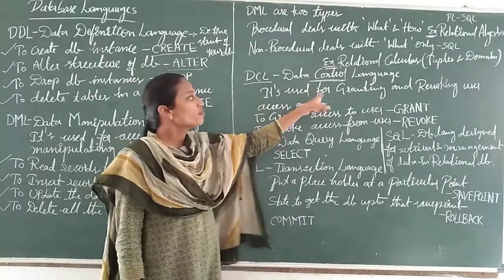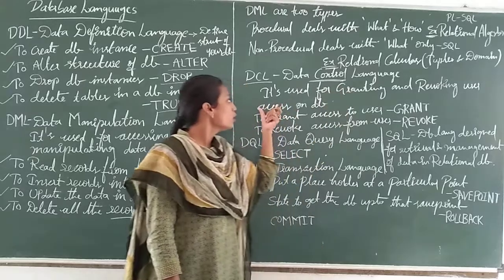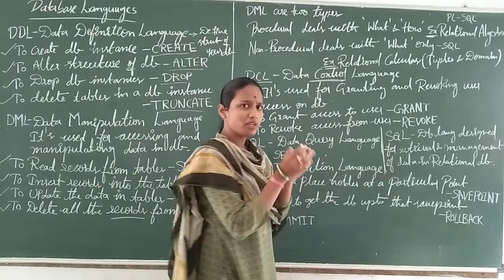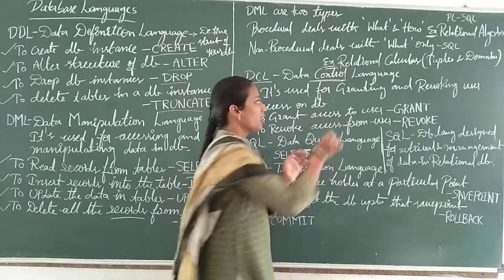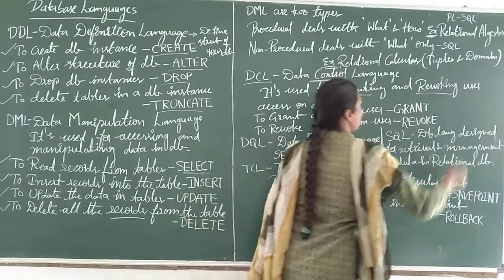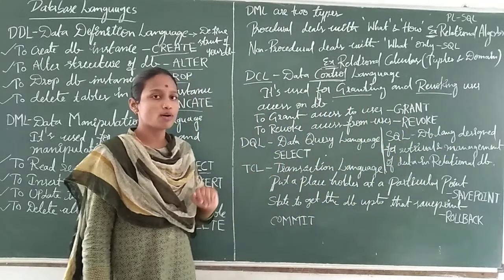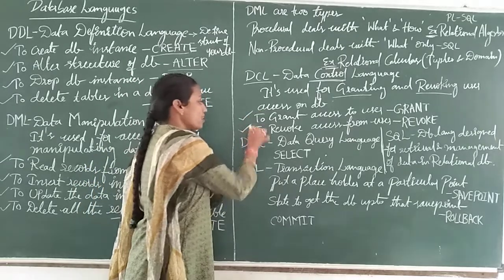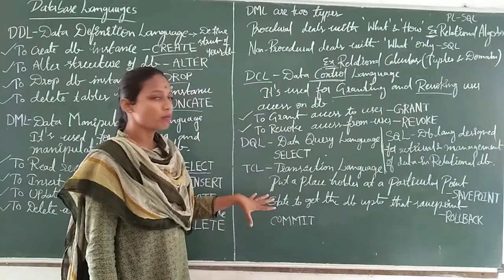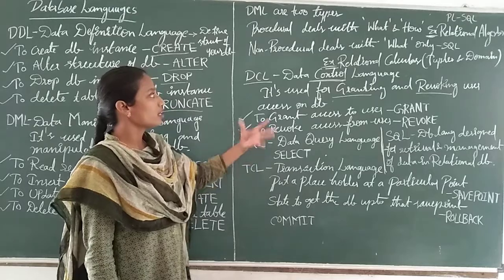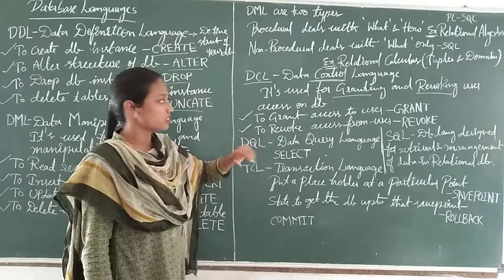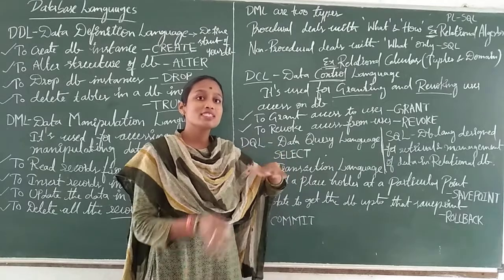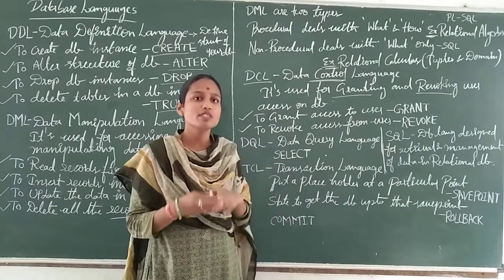It is used for granting and revoking user access on the database. With the help of these two commands, the user interacts with the database to grant access, that is, to give permission to the user.